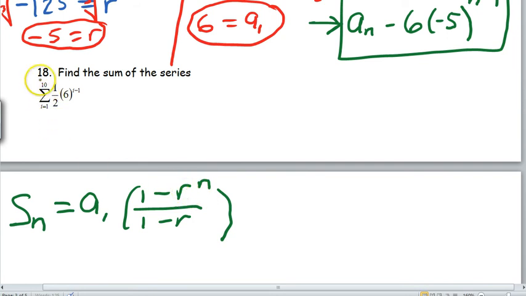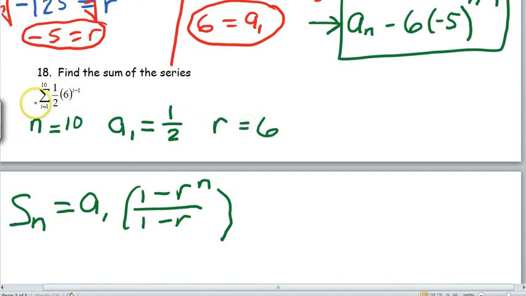Please understand, looking at this formula, n is 10. A1, what's A1? 1 half. The A1 is the thing in the front of the function. What's R? 6. R is 6. That's how you get the three values, and then you just plug them in the formula.